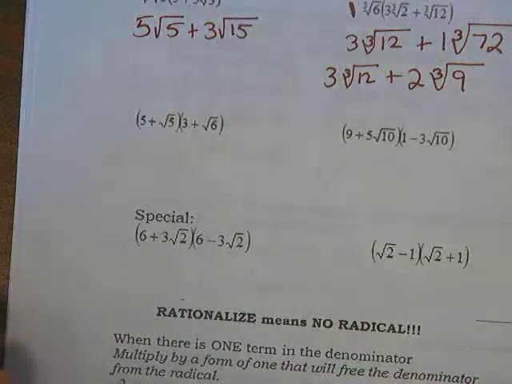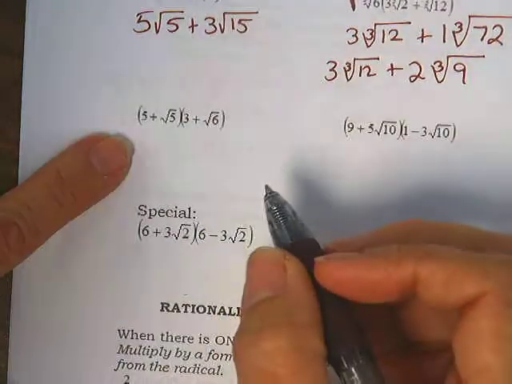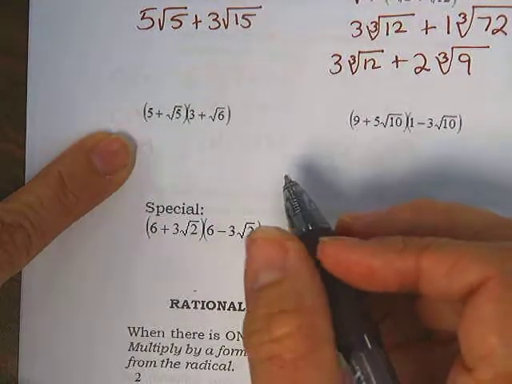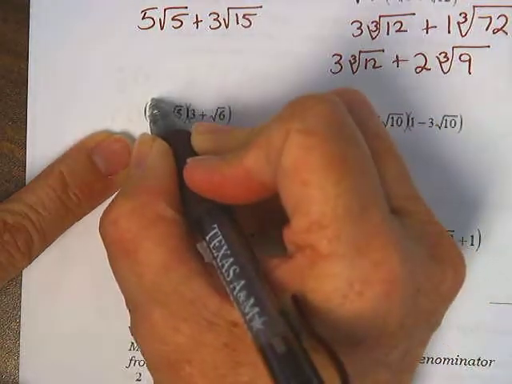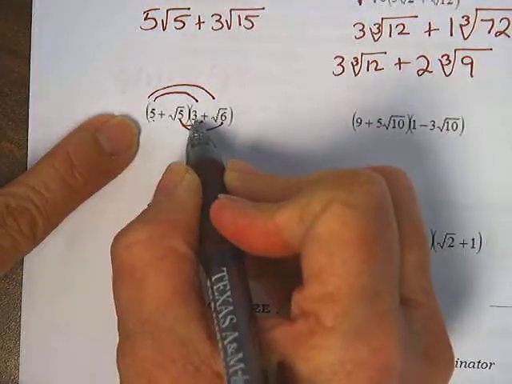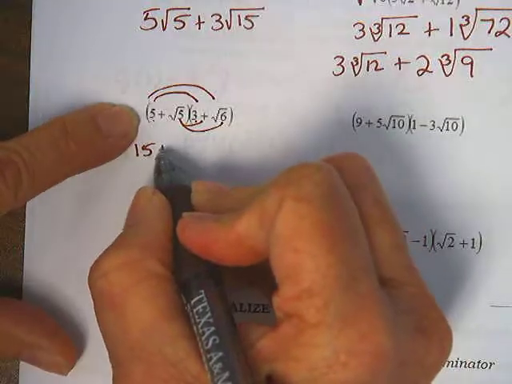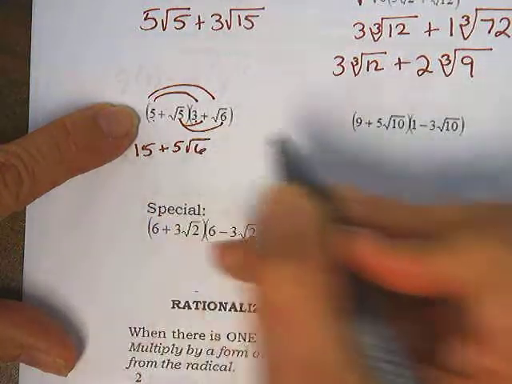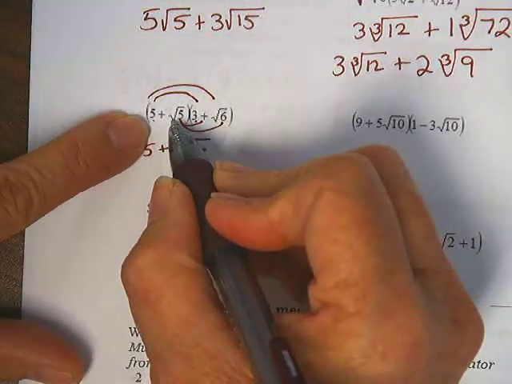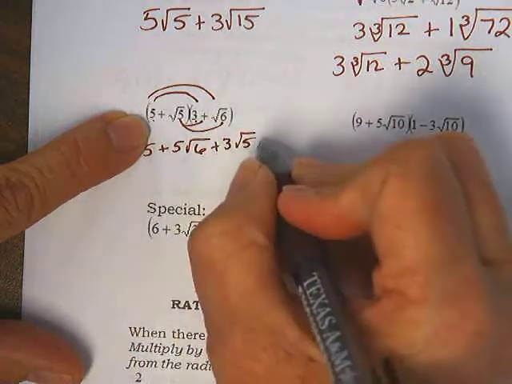Okay, how about multiplying when we've got a binomial times a binomial? And here we're going to do the same thing we did when we're dealing with polynomials and do FOIL. So the first times the first is 15. 5 times the square root of 6 gives me 5 times the square root of 6. Square root of 5 times 3 is 3 times the square root of 5.